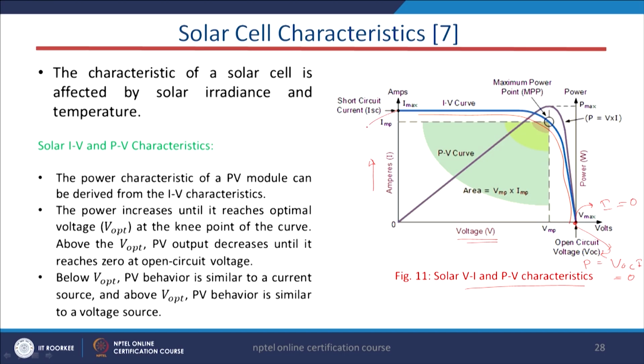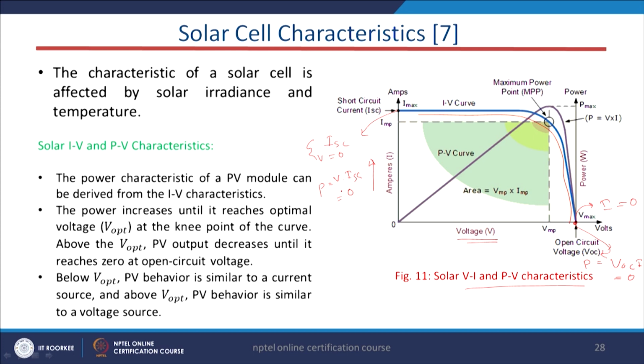And come to this point here along the y axis. At this point the current is called the short circuit current. And what is the voltage status? The voltage is equal to 0. Now, if you multiply these two, P is equal to V into I short circuit, which is also 0.